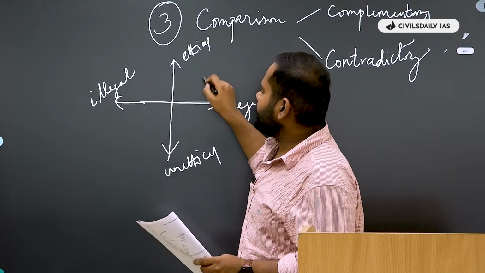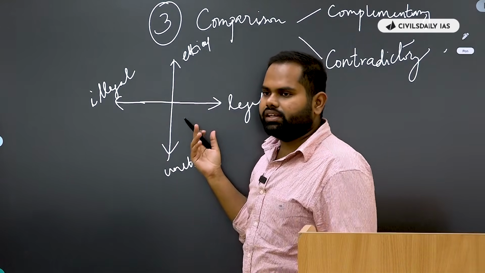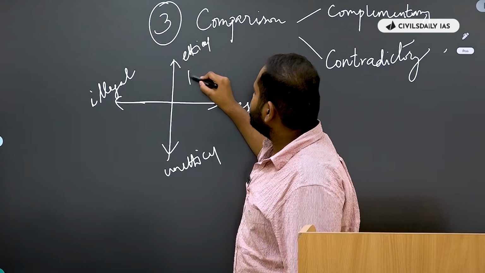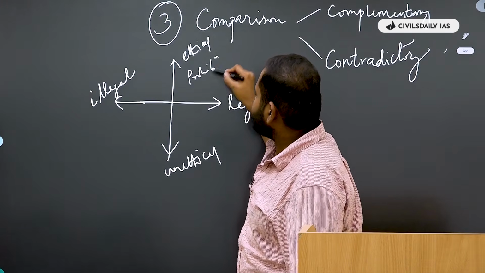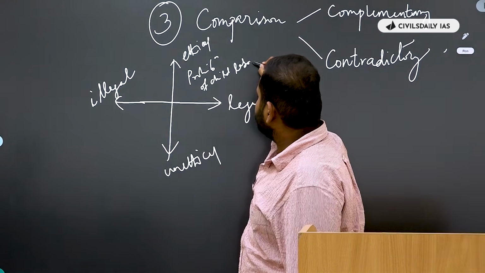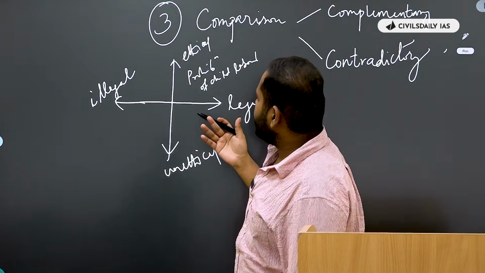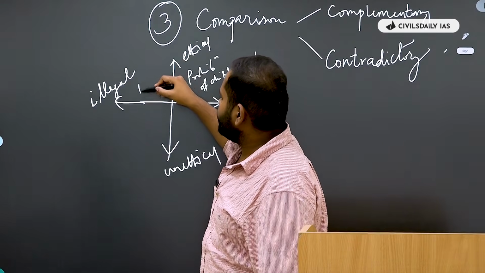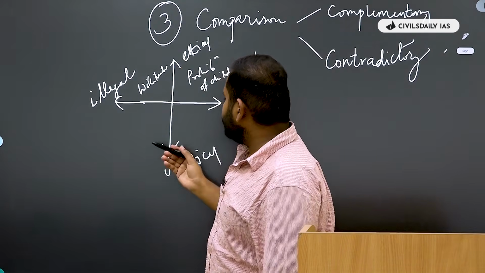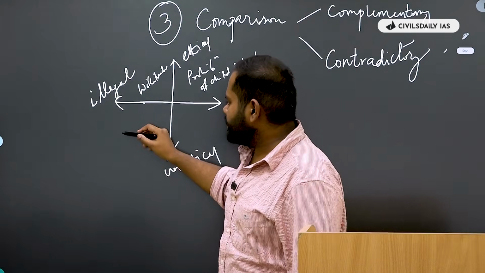So you put in examples here. Something which is ethical and legal could be prohibition of child labor, or illegal and which was ethical, probably the example of WikiLeaks. Illegal and unethical, probably slavery.